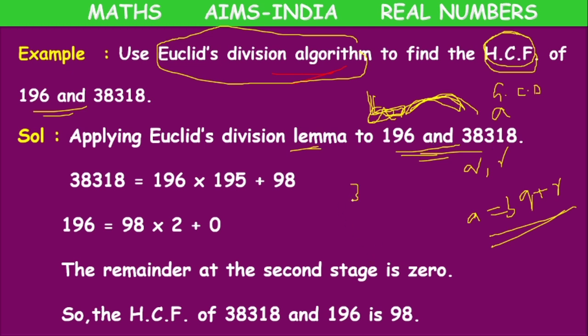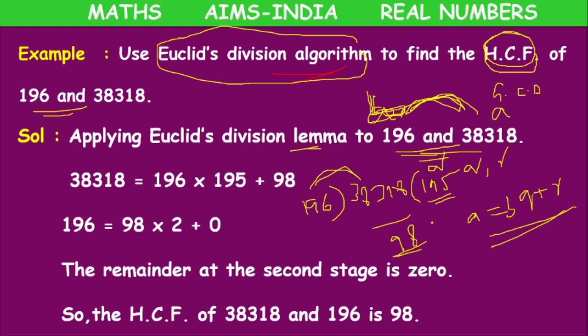According to division lemma, how can we write it? If I divide 38,318 with 196, what will I get? The quotient is approximately 195, and the remainder I will get is 98. So for A and B there exist two more variables, Q, which is the quotient, and R, which is the remainder, where A is the dividend and B is the divisor.